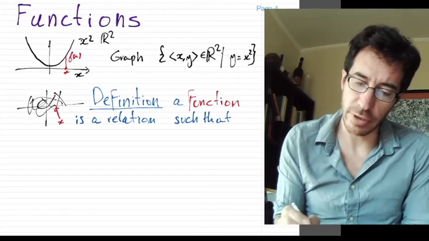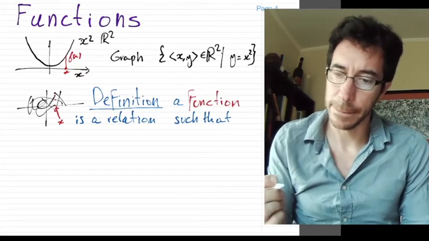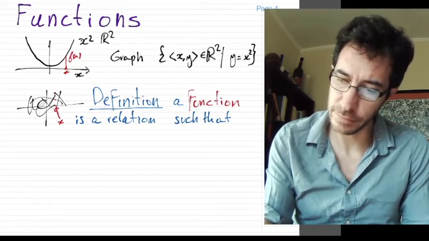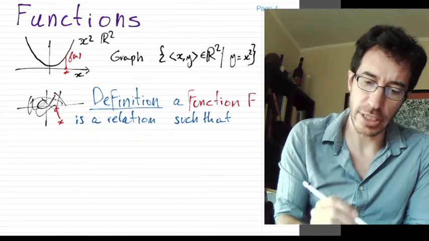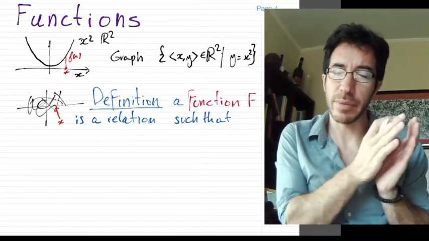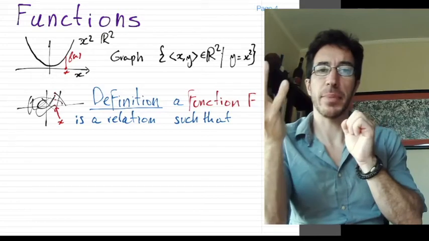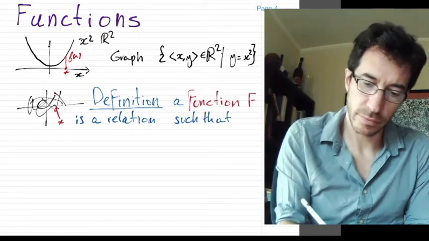So how do we say that? A function is a relation, let's call it a function f, such that every point gets mapped to at most one point.